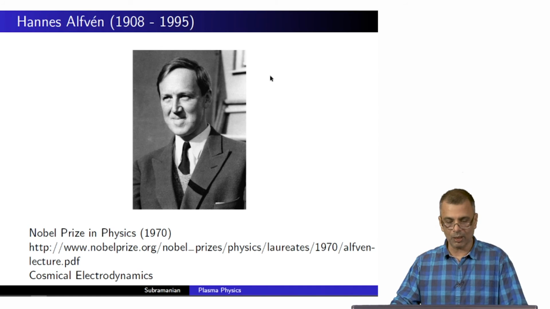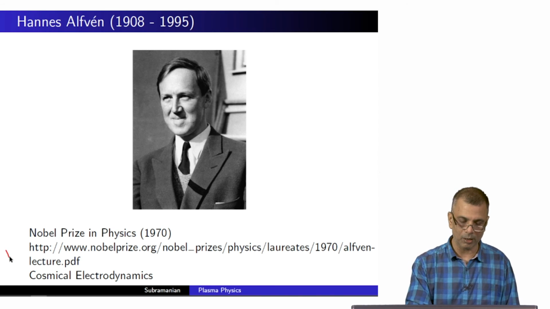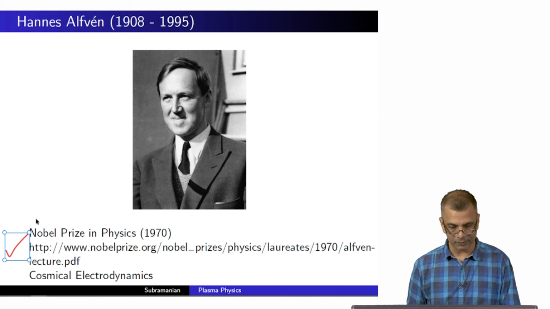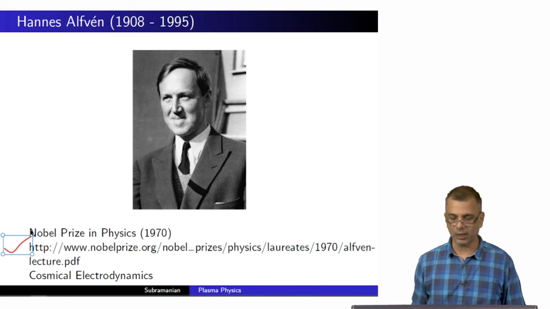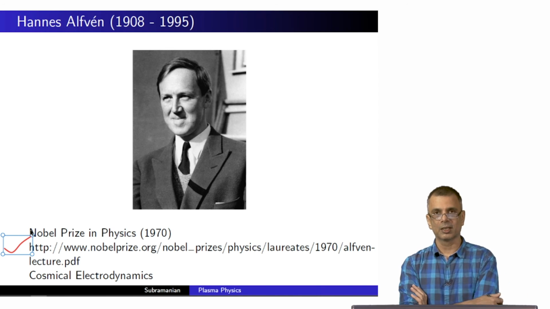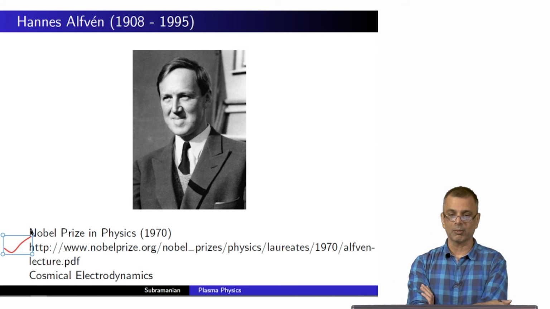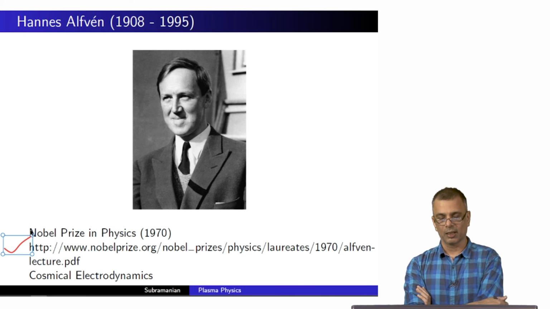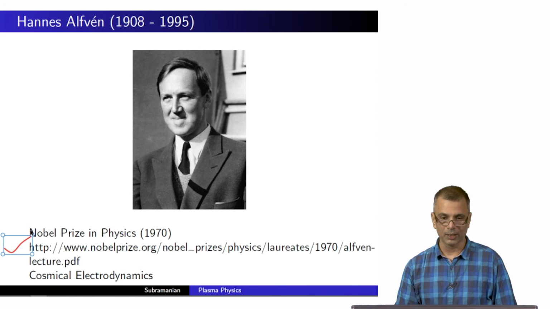But I urge you to look up this very interesting website which contains his Nobel Prize lectures, the lecture he delivered while accepting the Nobel Prize, called Cosmical Electrodynamics. It's very instructive. I would strongly urge you to go through it, at least glance through it once.